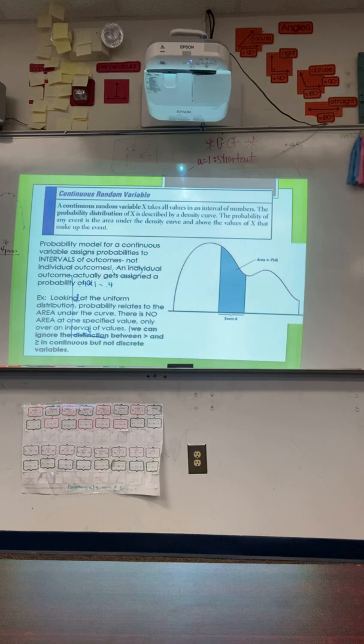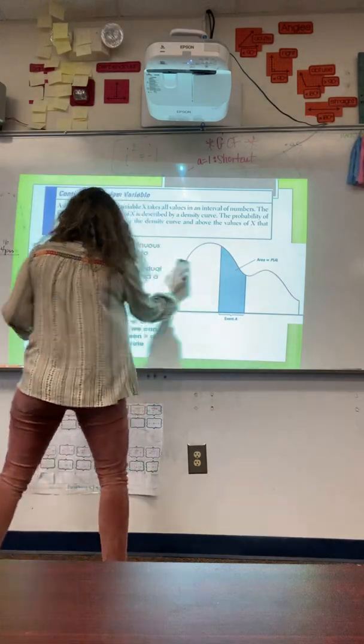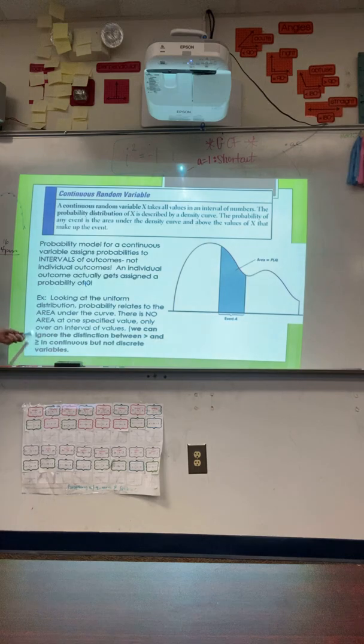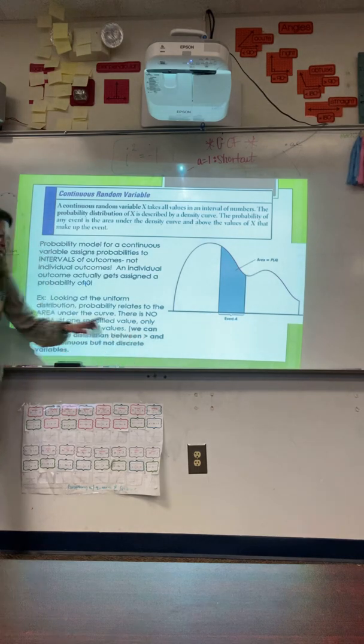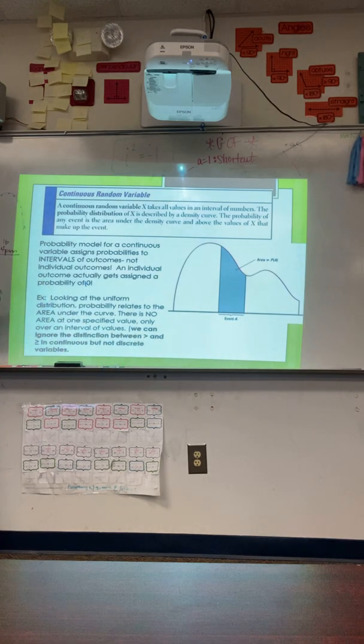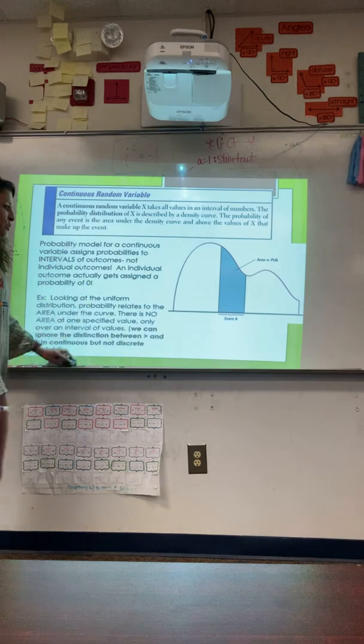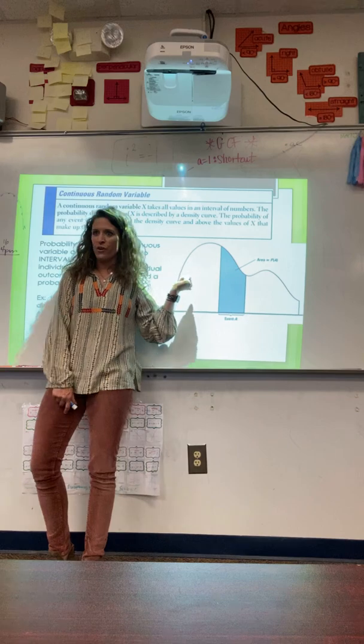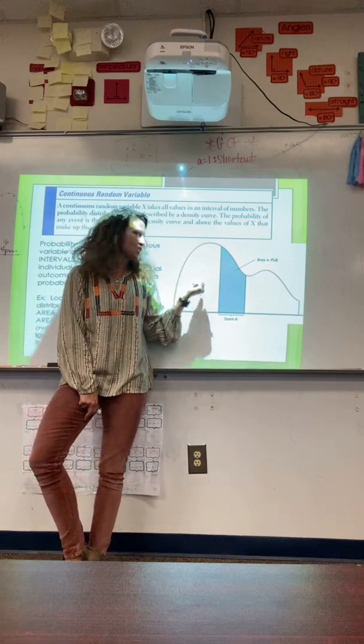Again, a continuous random variable takes on all values in an interval. That is the big thing. I said it one more time: ignore the difference between greater than or equal to, or less than or equal to. I'm not going to make you find the area underneath this curve right here. The book puts it in there, I think, to freak you out.